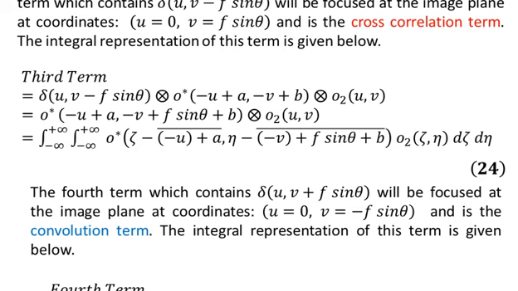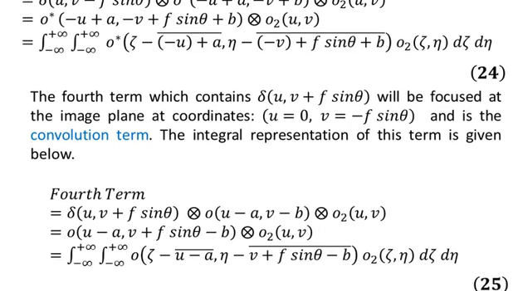Because there is a negative sign, we have placed a bar in order to show that we have used these terms as such from the second term. And then we have O2 as the coordinate of zeta and eta, and then we have integration with respect to zeta and eta. So you see that the second step is the symbolic representation, and the actual representation is given by the last step of equation number 24.